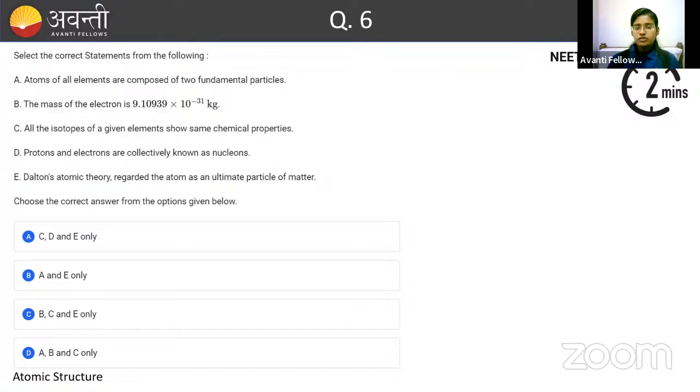Let's go from the first. Let me start from statement A. Statement A says, atoms of all the elements are composed of 2 fundamental particles. So tell me whether it is correct or not. Is this a correct definition for an atom?